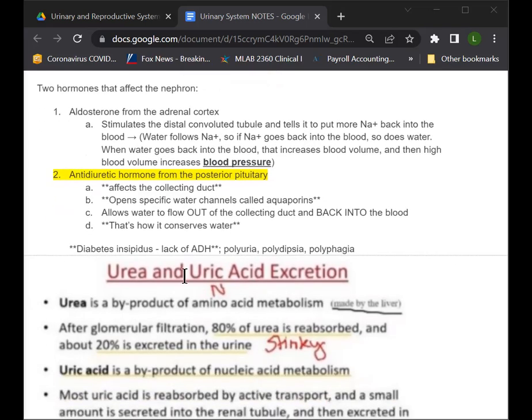Okay, so right, it specifically tells the collecting duct to put more water back into the blood. And like I said, by putting more water back into the blood, that's going to help conserve water because it's not escaping in the urine.